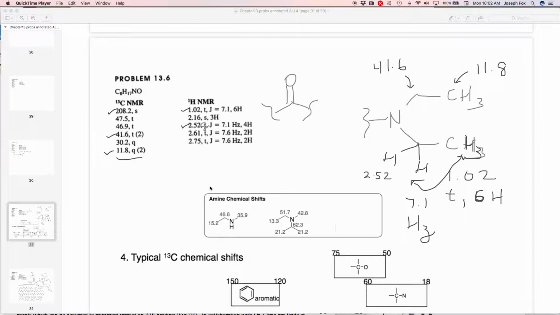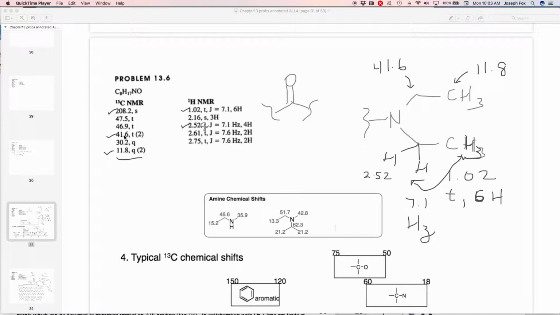Okay, so we're going to take a guess at this point that the symmetry, because an amine has the opportunity to place 2 identical groups on it, could be the basis for our symmetry in the molecule. So drawing this out, looking at amine chemical shifts, we would expect a chemical shift in the 40s for a methylene group.